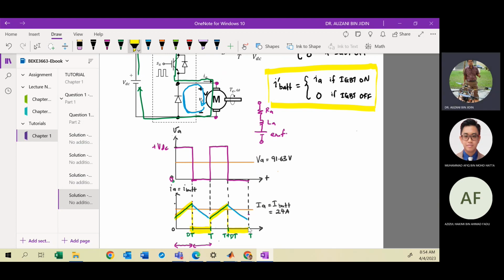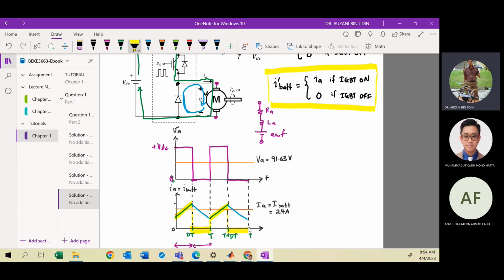So in this case, you can notice that the battery current is discontinuous. It's different from what was obtained in method number 1, where the battery current is continuous and power is always consumed.